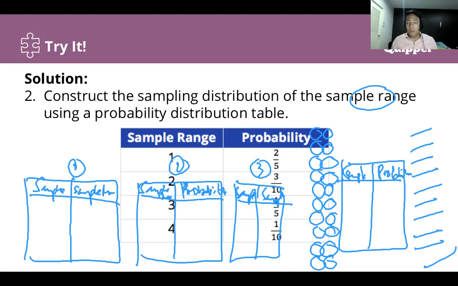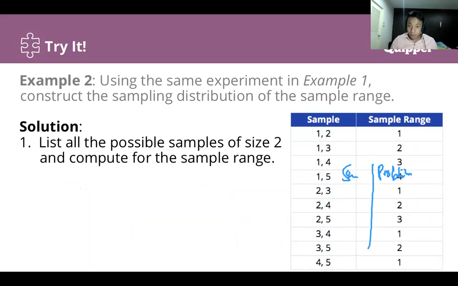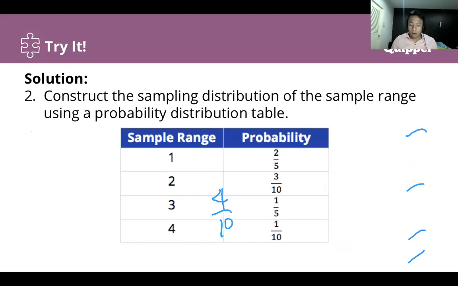How many 1 do we have? We have 2 over 5. How many 2 do we have? We have 3 over 10. How many 3 do we have? Okay. How many 1 do we have? We have 1, 2, 3, and 4. So what is the lowest term of 4 over 10? That is 2 over 5.